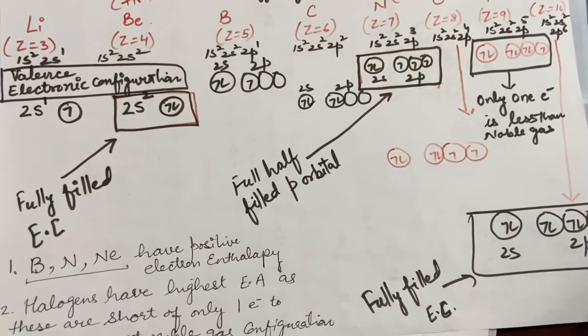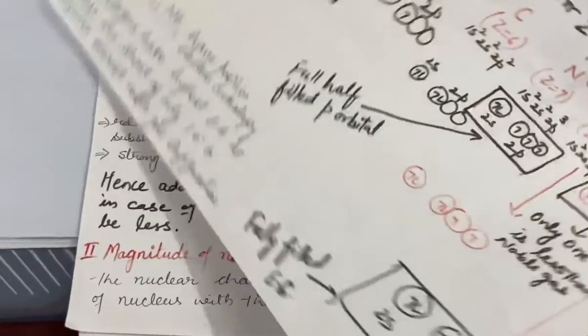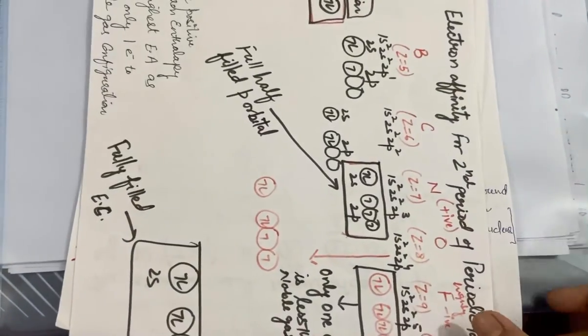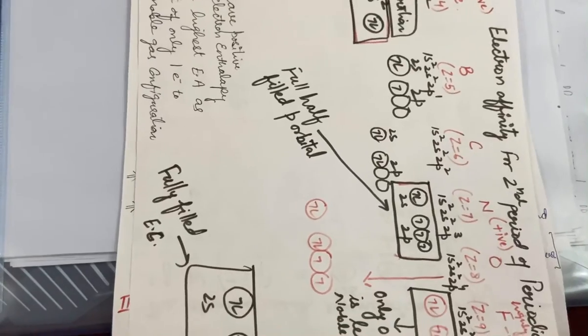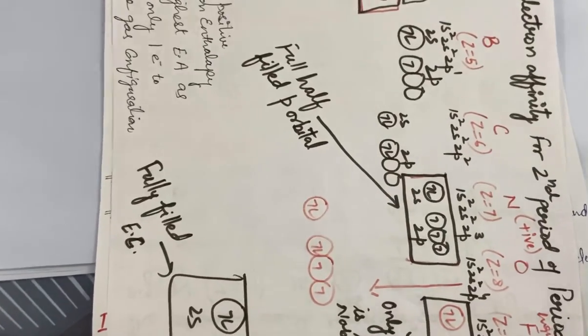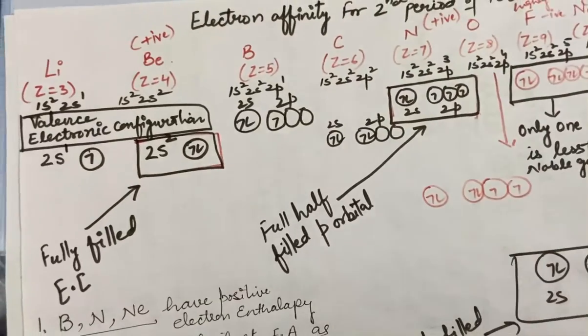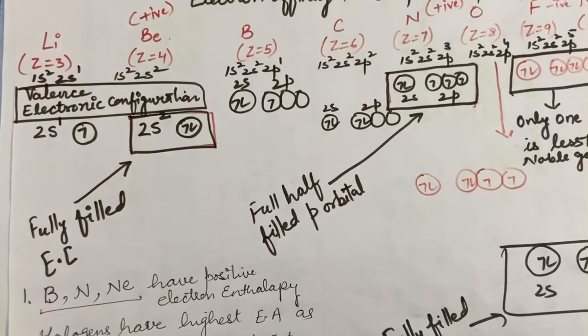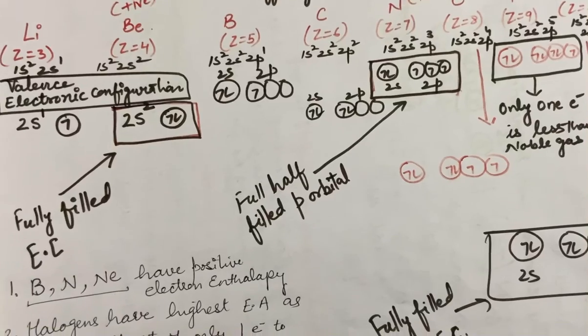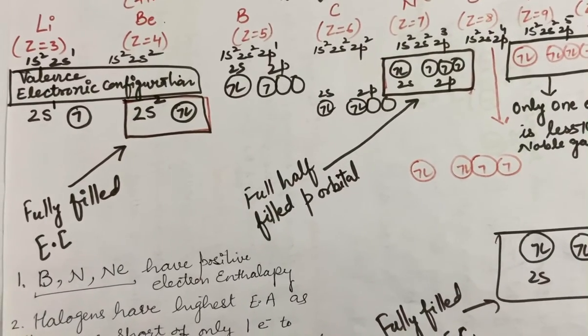So we can see electron affinity depends upon the attraction between the added electron and the nucleus, and the electronic configuration of elements also plays a very important role in deciding the value of electron affinity.